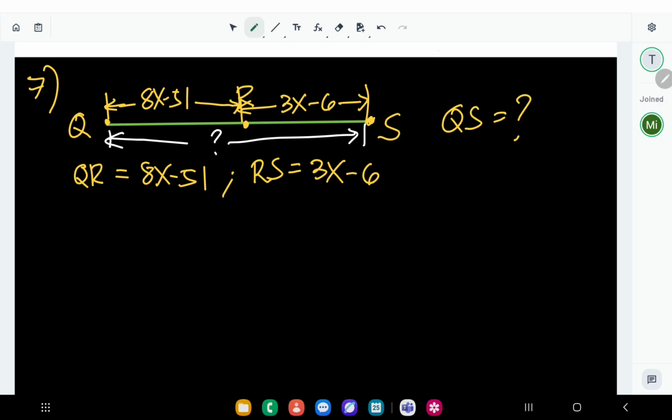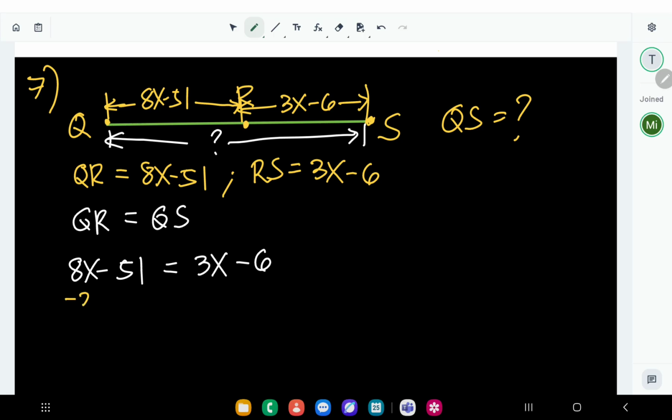Since R is the midpoint, that means QR is equal to RS, right? And then we can plug in the values and solve for x. So this is 8x minus 51 equals 3x minus 6. Then we group like terms. We subtract 3x from both sides.